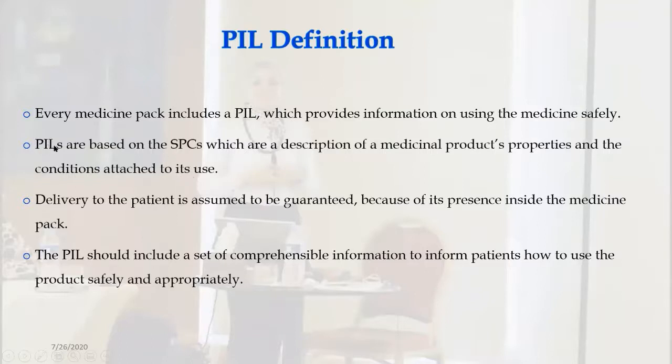And the information which will be mentioned in this PIL is based on the SMPC, according to the available information in the SMPC related to the properties and the conditions on how to use it. The PIL is addressed and delivered to patients. And as we said, it shall be included within the medicinal product itself in the unit pack. The PIL includes a set of information which will be directed to the patient and specifies the information related to safety.